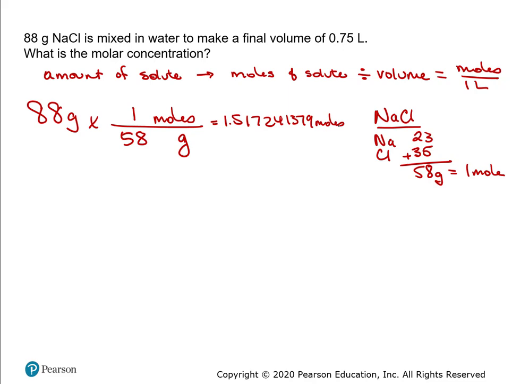But I don't want to round this because this is not my final answer. Because now if I take the number of moles and divide it by the volume that I have, and there's the volume, and it's in liters, so I'm all set. So I just take this number and divide it by 0.75 liters. That'll give me an answer of moles per liter, which is what my molar value is.